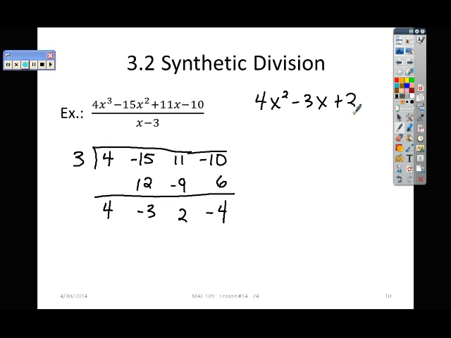I have one number left. I'm going to put a plus and a fraction bar. And in the numerator, I'm going to put that number, minus 4. And in the denominator, I'm going to put this denominator. And that is the quotient from that division.